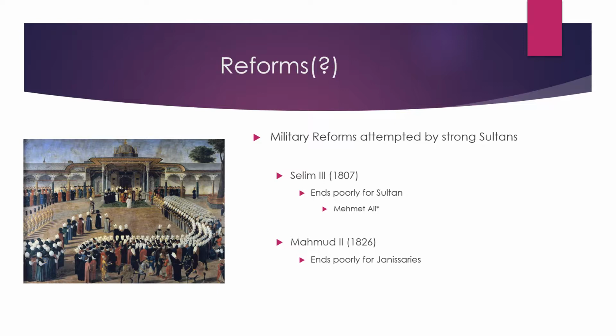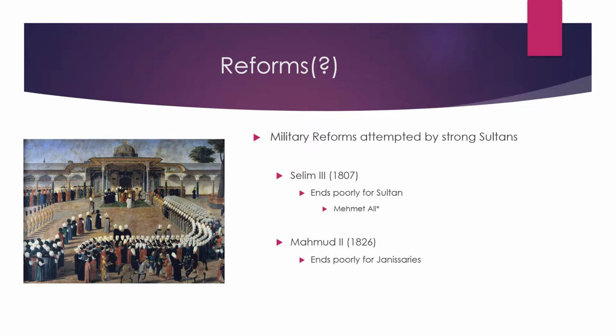Now, there were some attempted reforms within the Ottoman Empire, particularly within the military. There was the attempt in 1807 by Selim III, a relatively strong-willed and very forward-looking sultan who attempted to change the way that the military structured itself along European lines, particularly along a kind of French model using modern drilling techniques and using modern equipment.